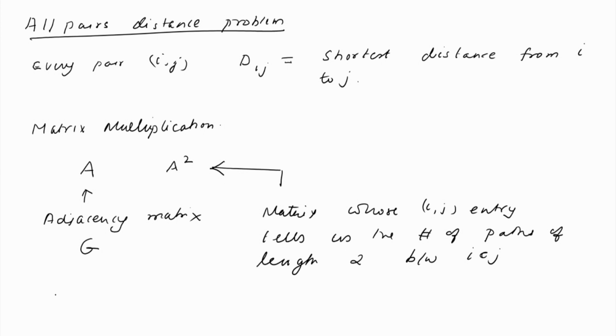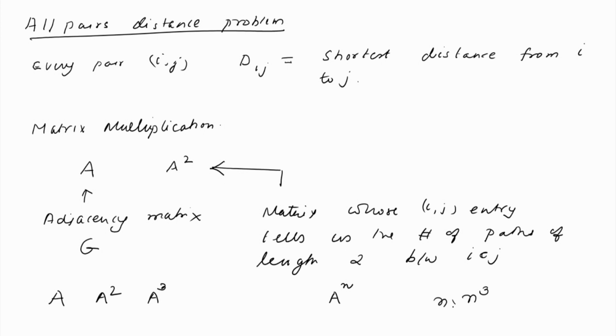Okay, so suppose we could calculate A square given A, and all these different matrix products up to A to the power n; from these we can determine the length of the shortest path. That would basically mean that there are n matrix multiplications that you have to do, and each matrix multiplication would, if you use the naive algorithm, take n cube steps.